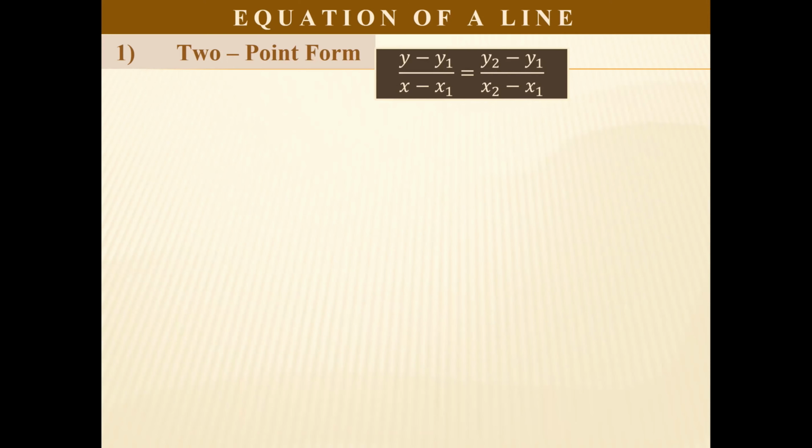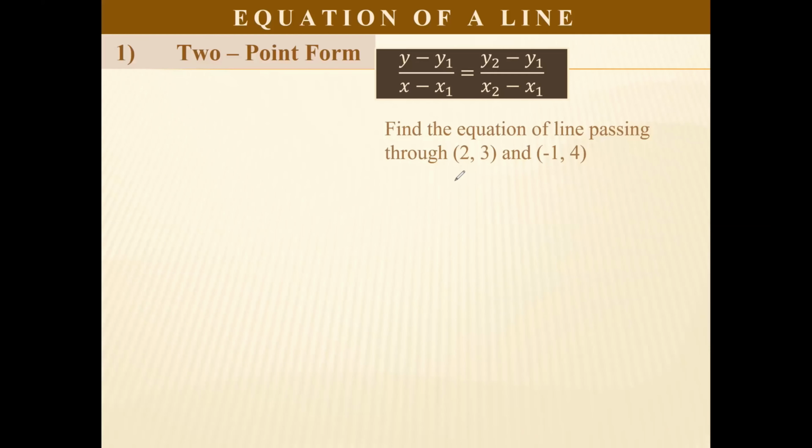Let us see how this formula is applicable in a question. The question will be: find the equation of the line passing through 2, 3 and minus 1, 4. So the 2 points are given. They will be taken as x1, y1 and x2, y2. So 2, 3 is x1, y1 and minus 1, 4 will be x2, y2.